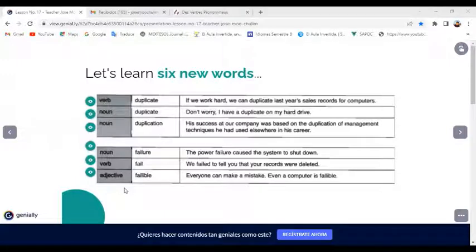Thank you. Alejandro, do you remember something? Yeah, the same. The whose and the possessive pronouns. Okay. Thank you, Alejandro.